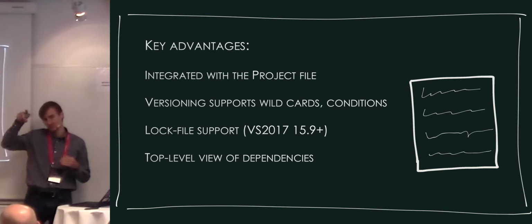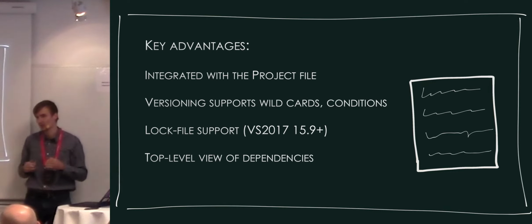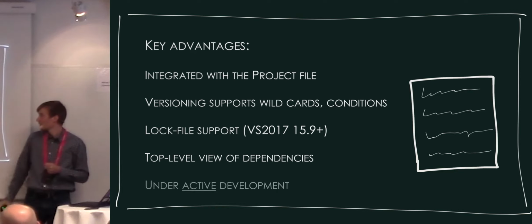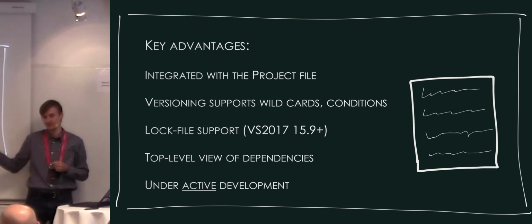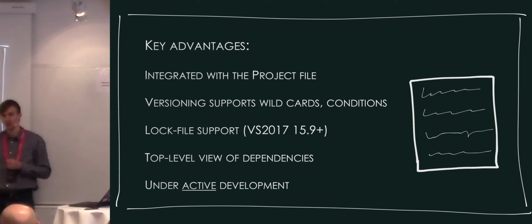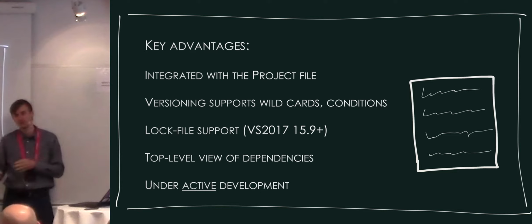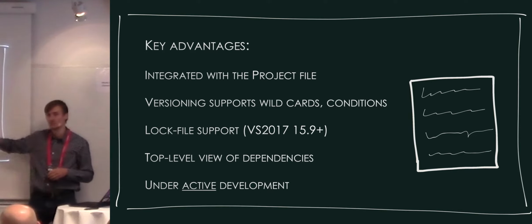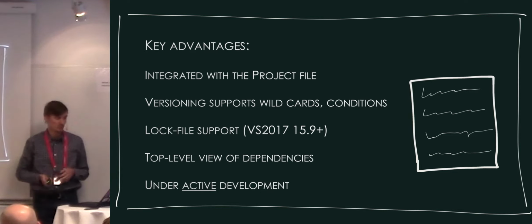It doesn't go into dependencies of dependencies of dependencies, so it keeps the list a bit smaller. And the final point is that it's under active development. It's not forgotten, it's not abandoned. Like all new features, they're coming to package reference instead of packages.config.